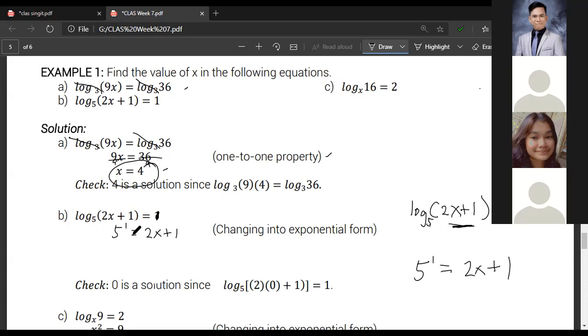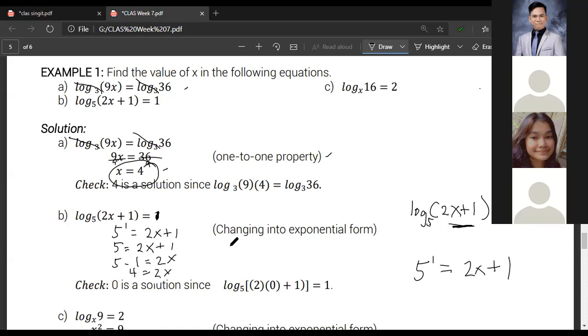Okay na. Now, simplify. What is 5 raised to 1? 5. Okay, so 5 equals 2x plus 1. Lipat natin si 1. 5 minus 1 equals 2x. And then, simplify further. 4 is equal to 2x.